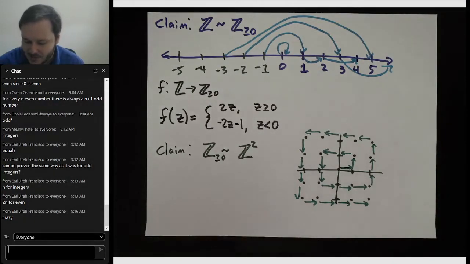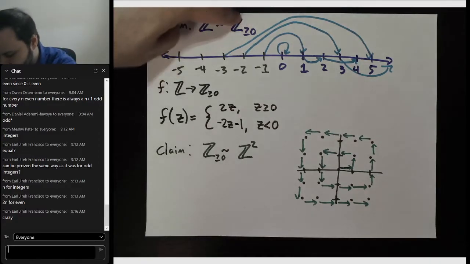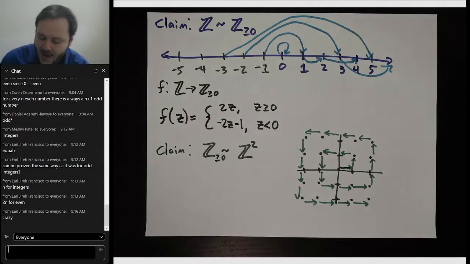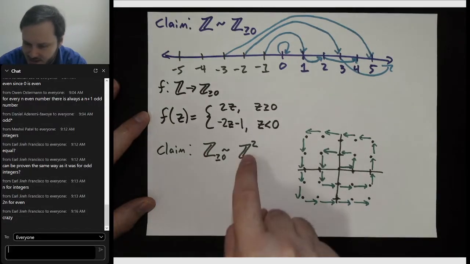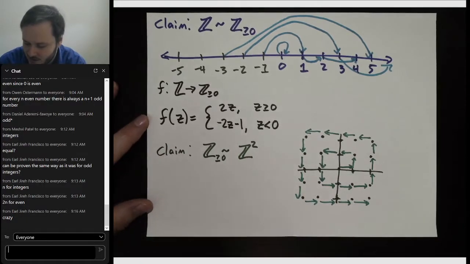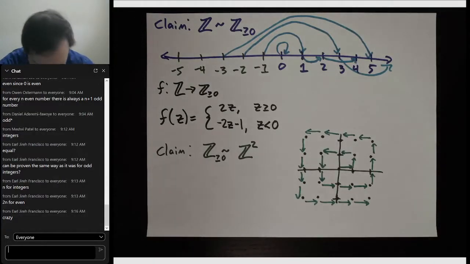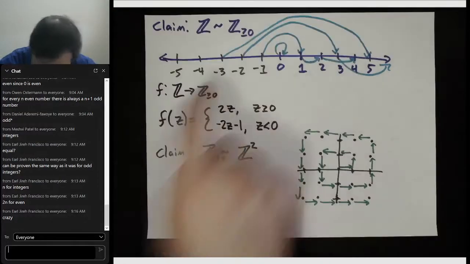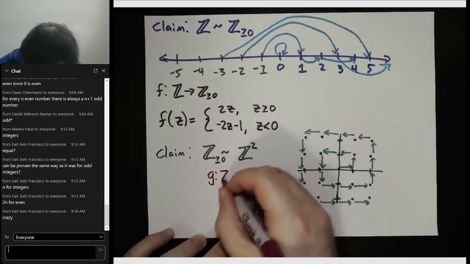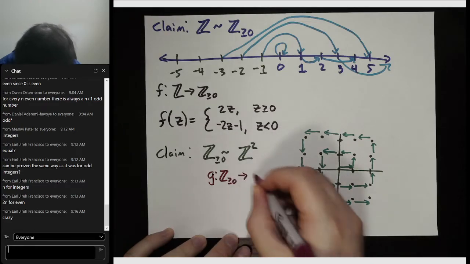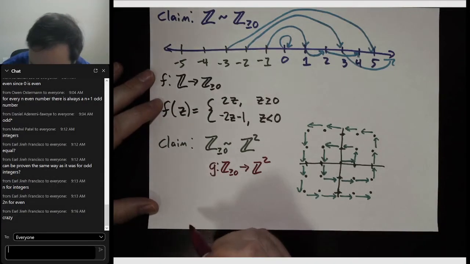And since I have a bijection from the integers to the non-negative integers, and I have a bijection from the non-negative integers into this integer squared, I can chain those two bijections together. So if this is f, if I call this function g, we talked about composing functions.